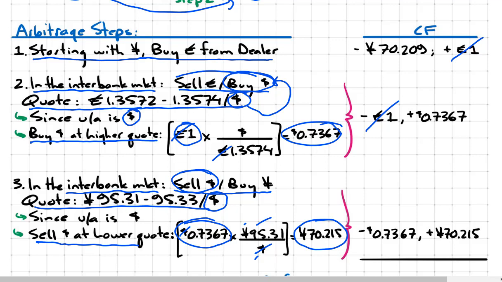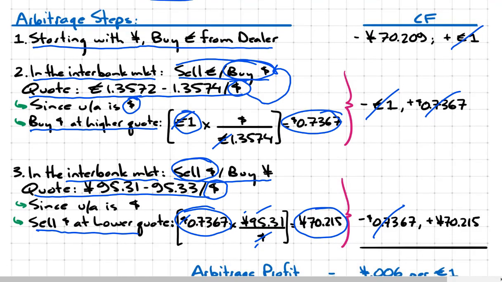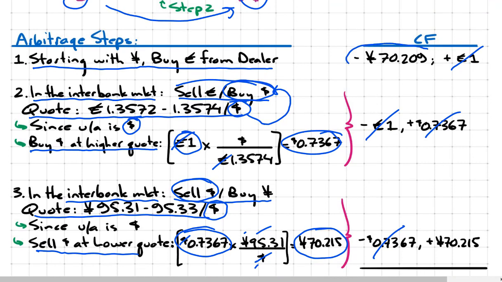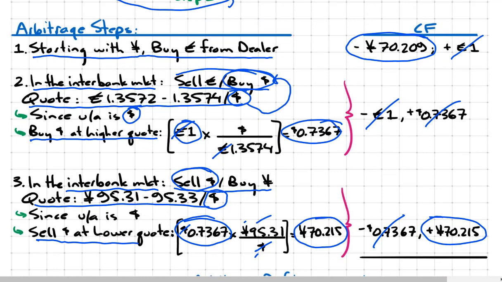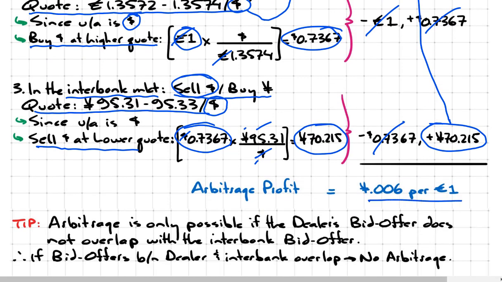But then we sold the dollars and bought the yen in step 3. So what you're left with is the initial yen investment and the terminal value for the yen. And then you just find the profit. So it's just the difference between this and that, and you get the exact same answer that we got using our big picture framework.